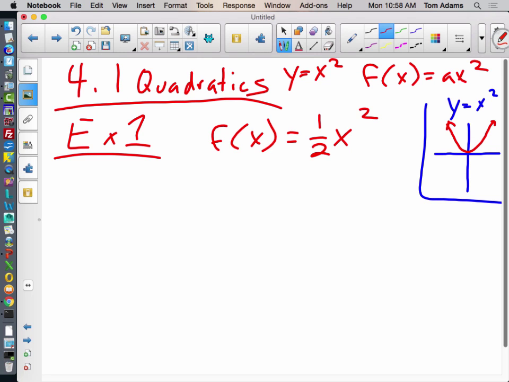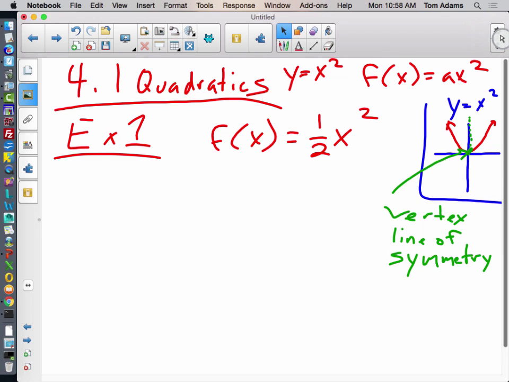And so there's a couple of things that I want to point out to you guys. One is that where the minimum or maximum value is, we call that the vertex. All right? And then the vertex always goes through what we call a line of symmetry. And so the line of symmetry just means that the left-hand side of that line is going to be identical to the right-hand side of that line, and it always goes through the vertex.